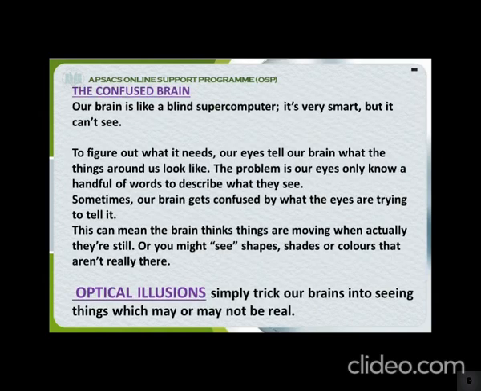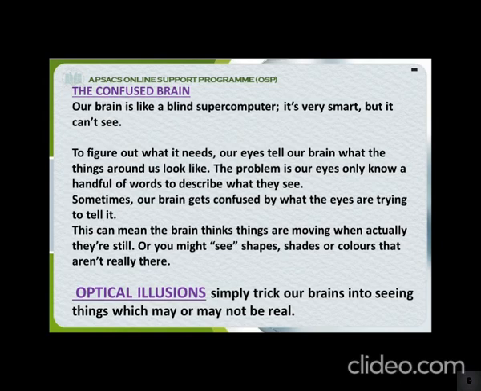Okay, now, you might be thinking, what do I mean by the confused brain? Our brain is like a blind supercomputer. It is very smart, but it can't see. To figure out what it needs, our eyes tell our brain what the things around us look like. The problem is our eyes only know a handful of words to describe what they see.